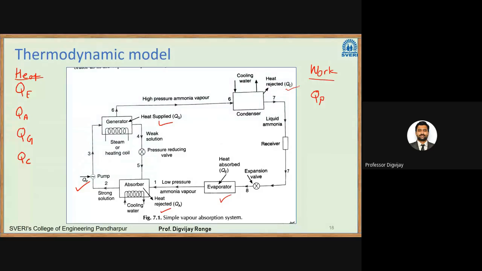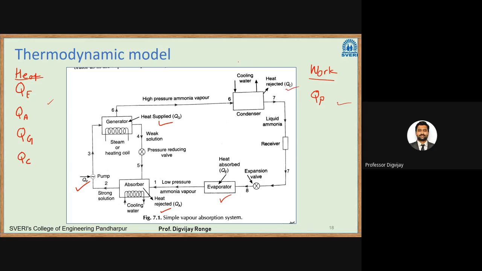I'll repeat the question. Whatever heat and work interactions are there on the screen, I have noted down here, heat and here work. According to the first law of thermodynamics, what will be the equation for this system?